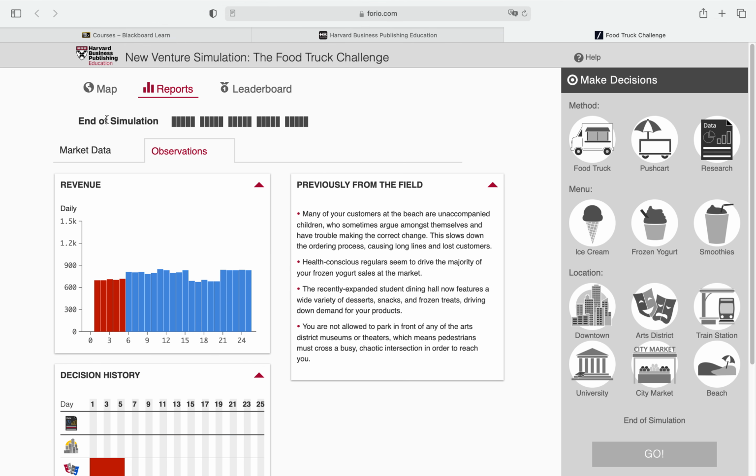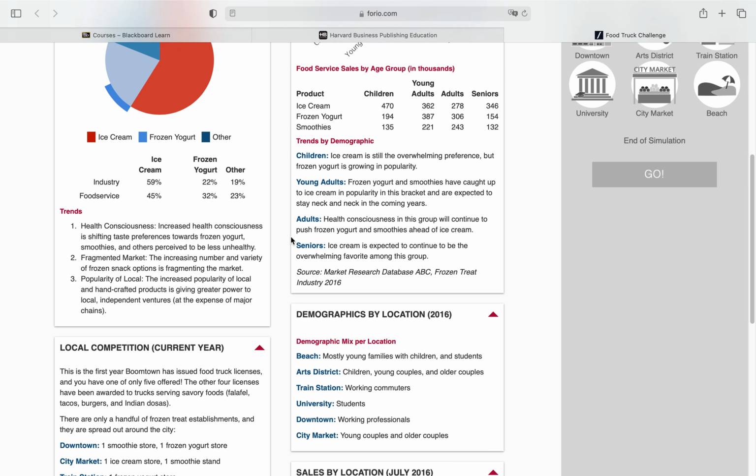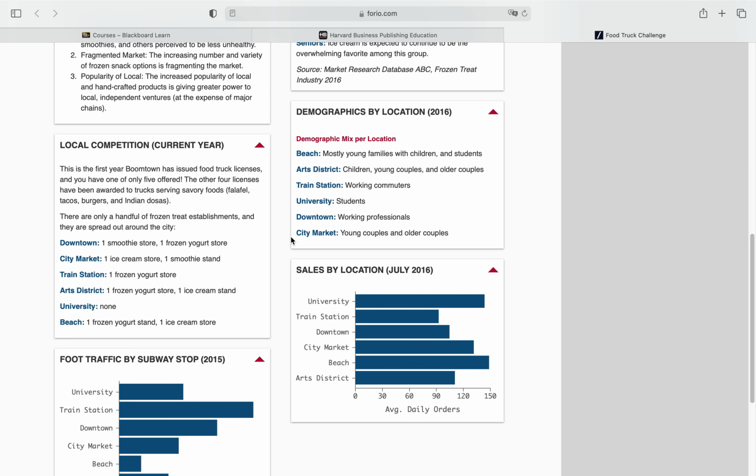Then in the second week, I started off at the, let's take a look, it's a university. The reason I did that, going back, as you can see in the competition column, is that at the university there's obviously none of them there. That leaves a very big market growth opportunity at that specific location.